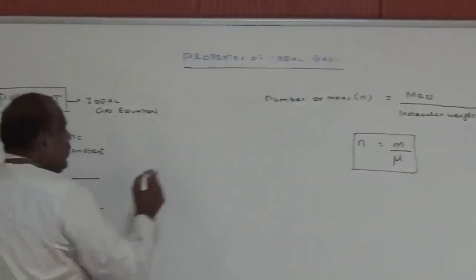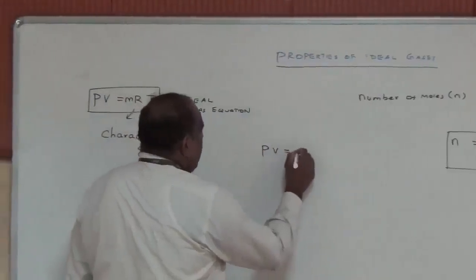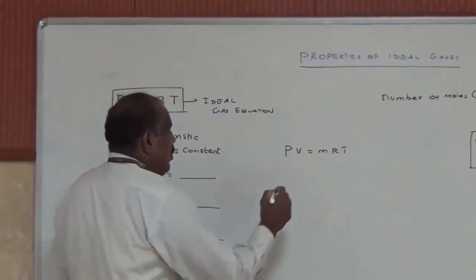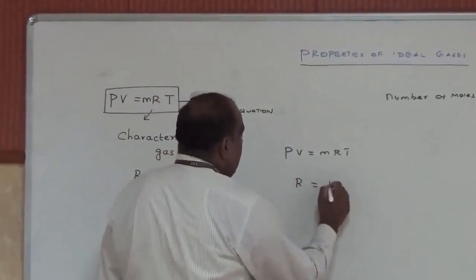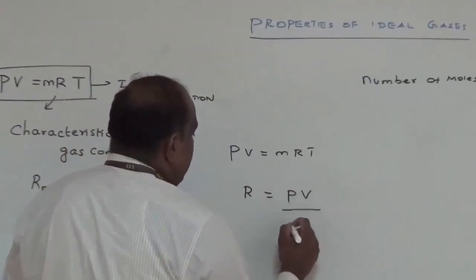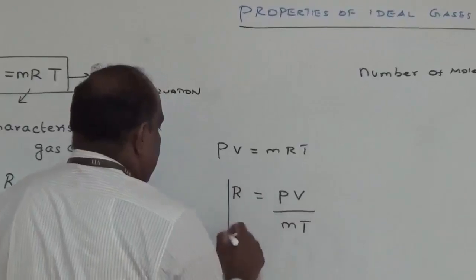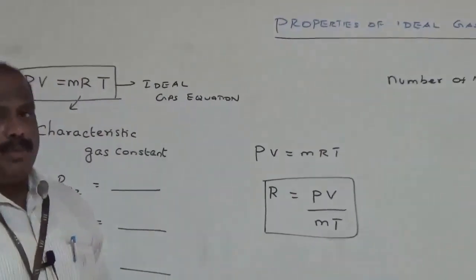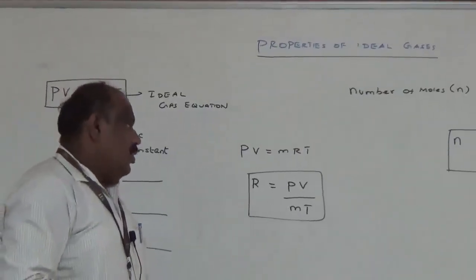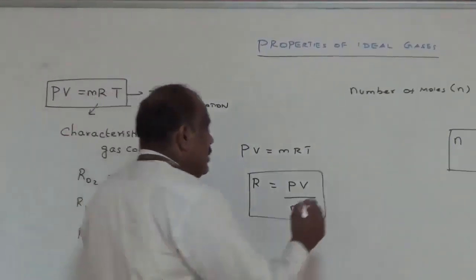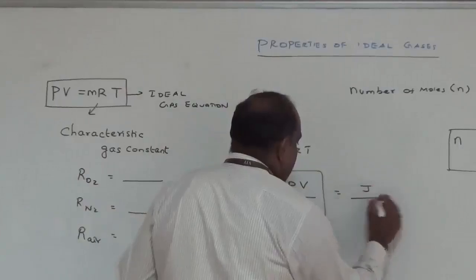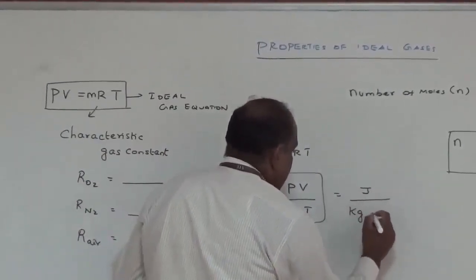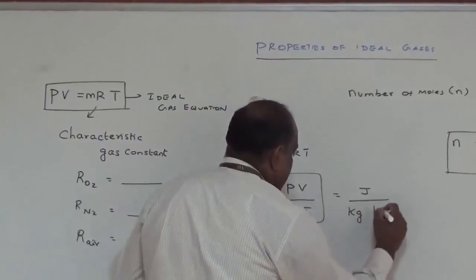Let us come to this ideal gas equation, PV equal to mRT. I want to find the unit of R, so keep R alone on one side. I will end up with PV by mT. PV is nothing but the product of pressure and volume, and the unit of PV will be joules. m is mass in kilograms and T is in Kelvin.